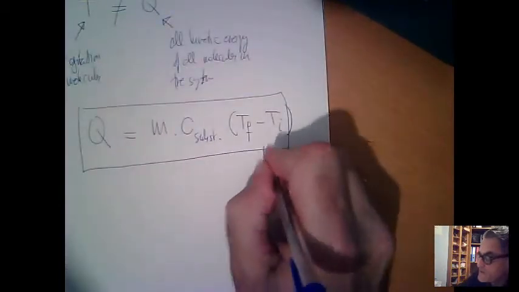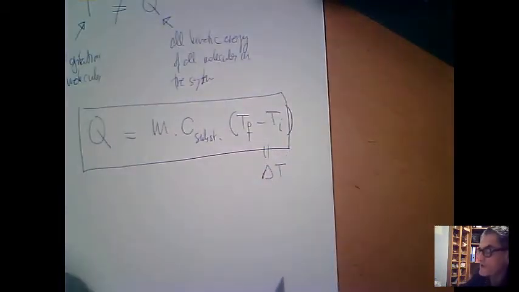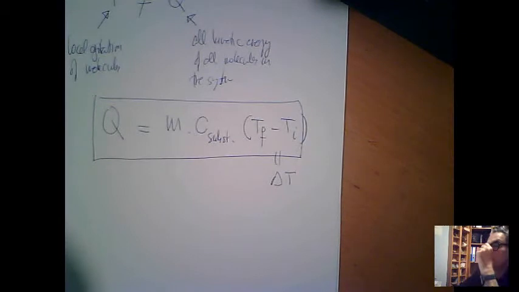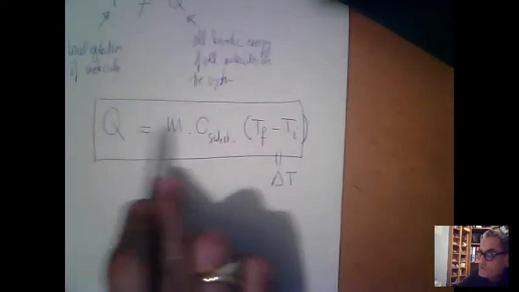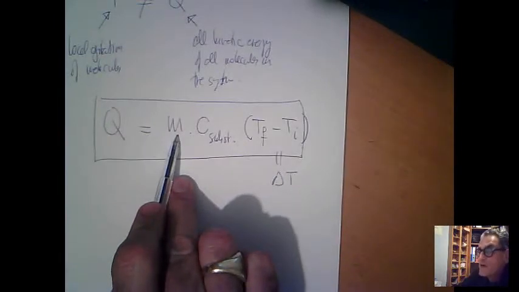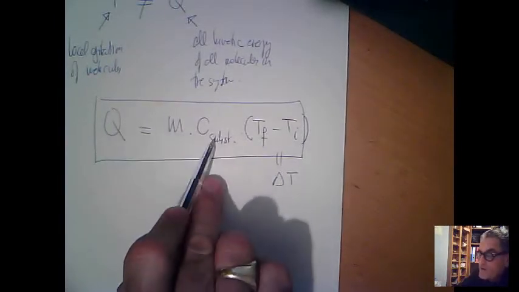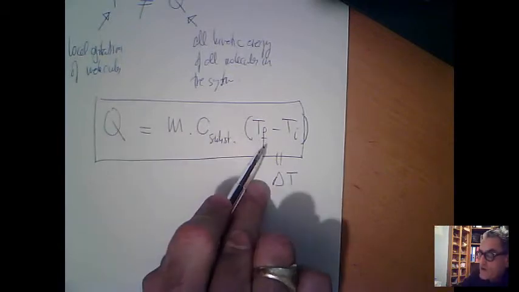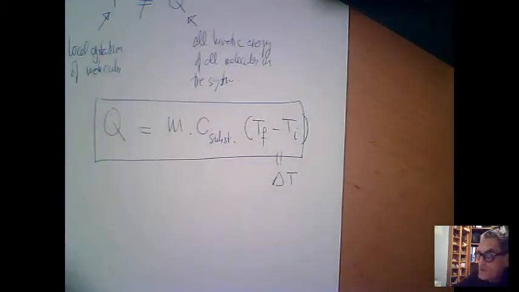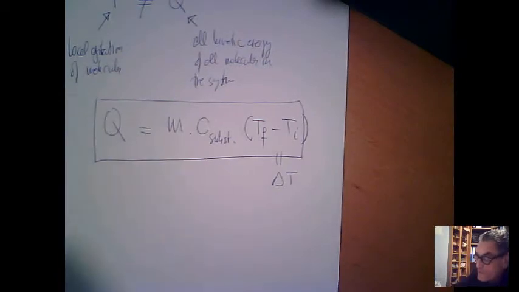This is also called delta T, the final temperature minus the initial temperature. And we explained why this formula has this form: the heat is proportional to the quantity of matter, the heat depends on the substance, and the heat depends on by how many degrees you want to warm up or cool down the substance.